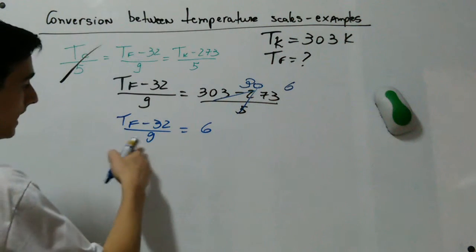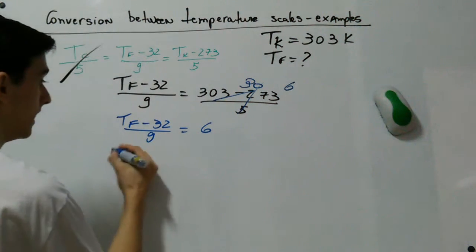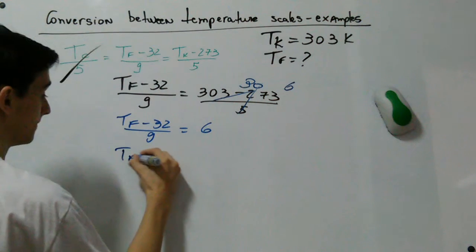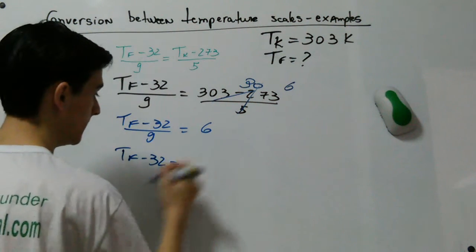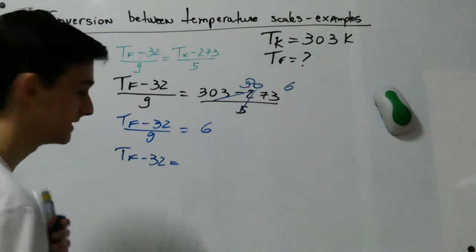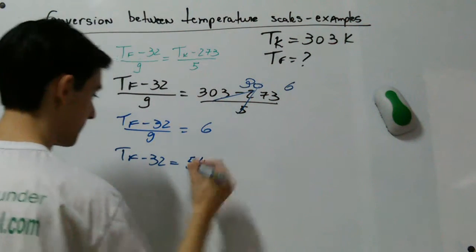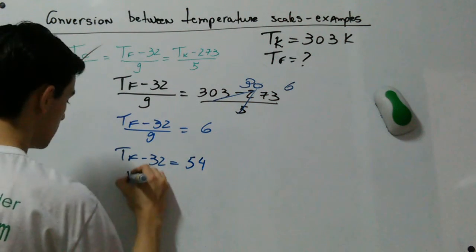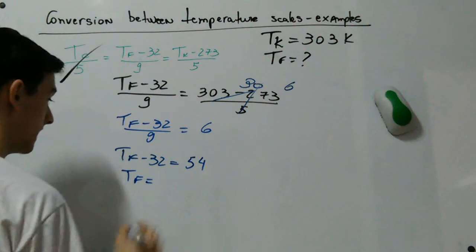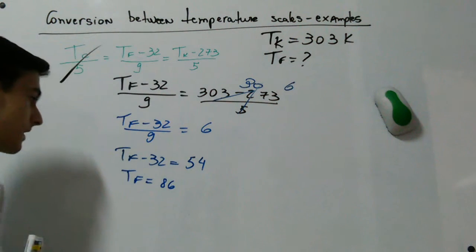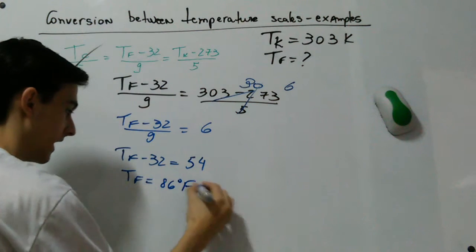So multiply both sides by 9 and you get that Tf minus 32 equals 9 times 6, 54. And then just add 32 to both sides and you get 86 degrees Fahrenheit.